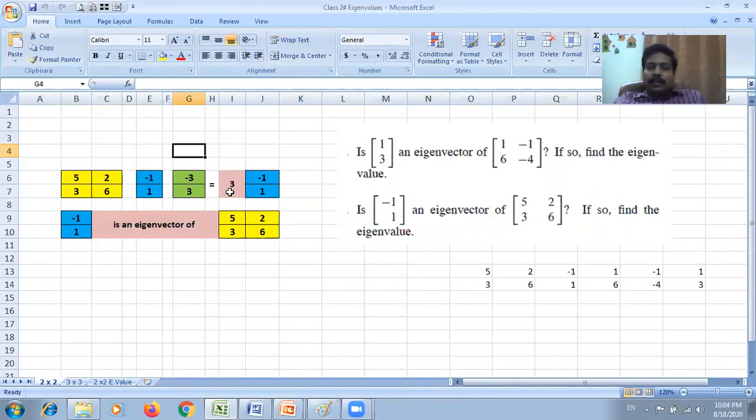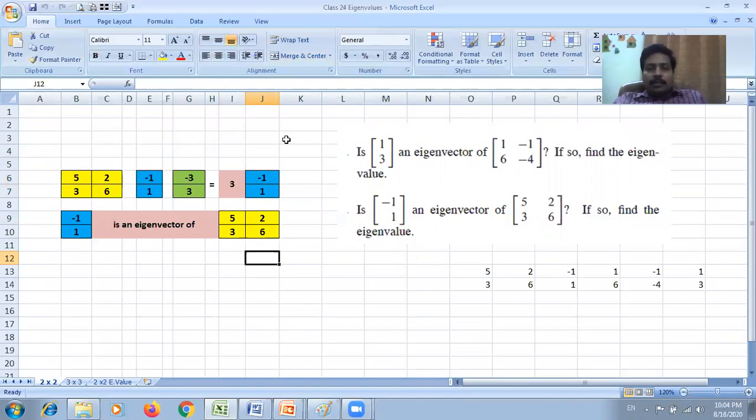So 3 is our eigenvalue. Since it is a multiple of the given vector, we can simply say that this vector -1 and 1 is an eigenvector of the given matrix 5, 2, 3, 6.